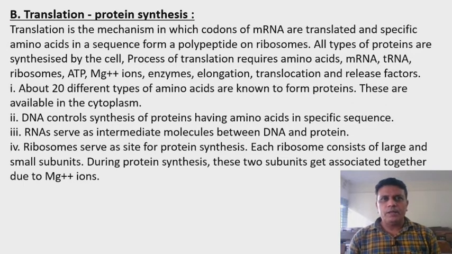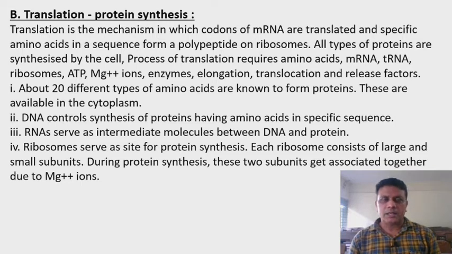Now we will start the topic, translation, also called protein synthesis. In our previous session, we have seen the process of transcription. Protein synthesis occurs in two main steps. The first one is transcription, in which DNA produces messenger RNA.